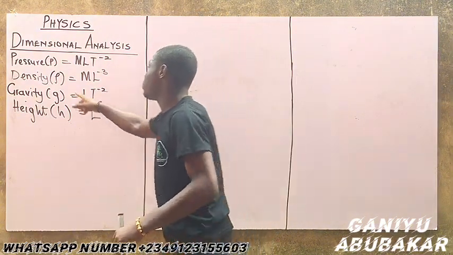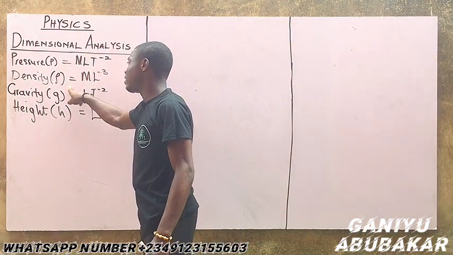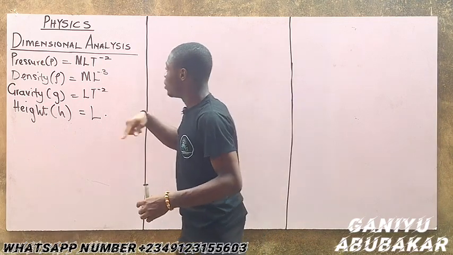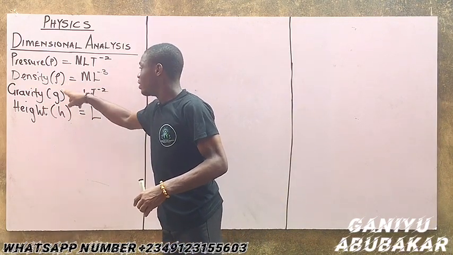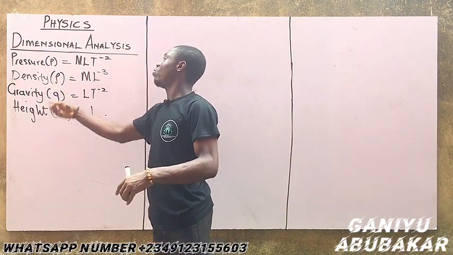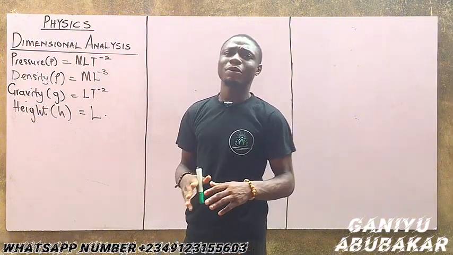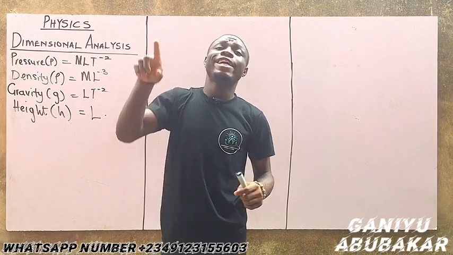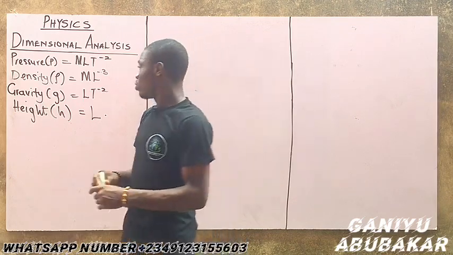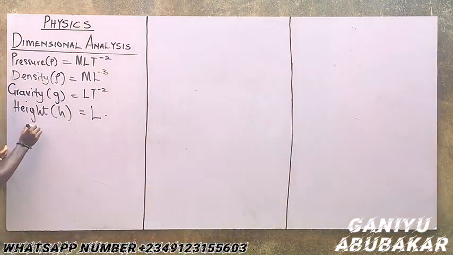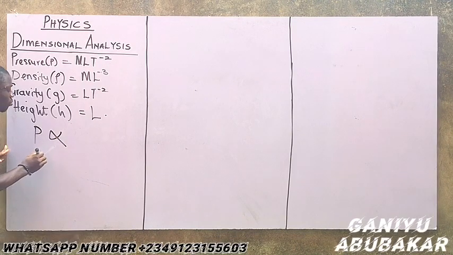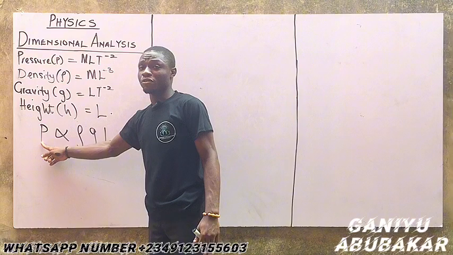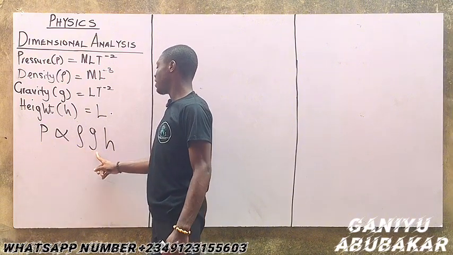How do we represent dependence in mathematics? We use a proportionality sign. So pressure P is directly proportional to rho, gravity, and height.